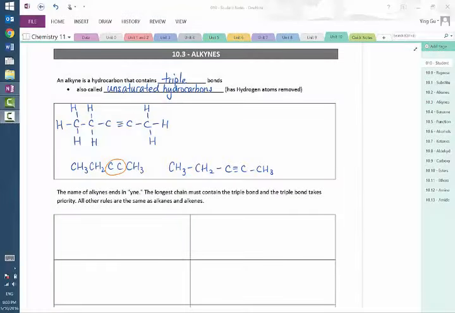So how do we draw the line diagram for an alkyne? Well, we look at this structure here. This is a 5-carbon chain with a linear section following in this region here. So we have our 2 carbons first, so that's our line for 2 carbons, and then we draw the linear section.